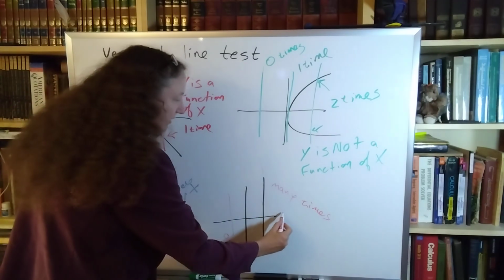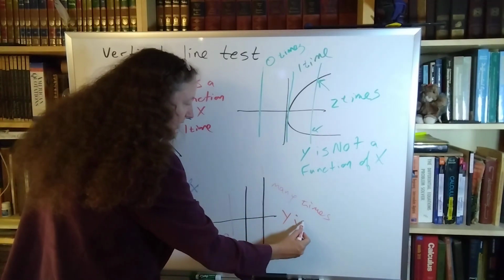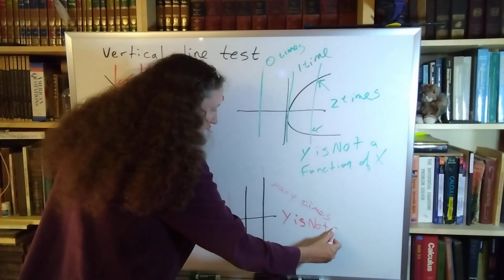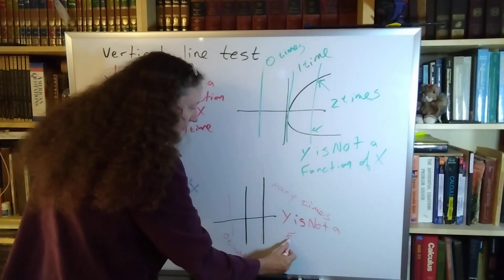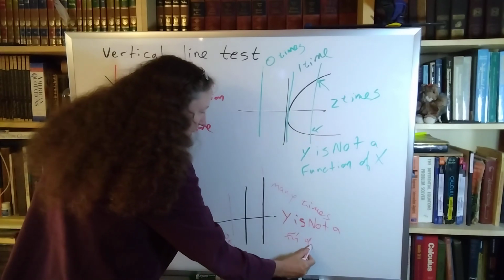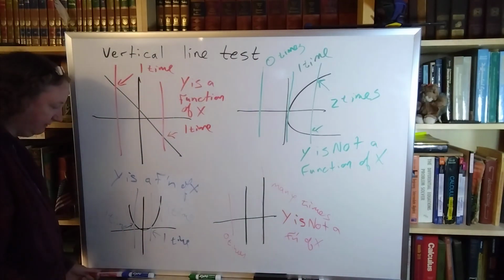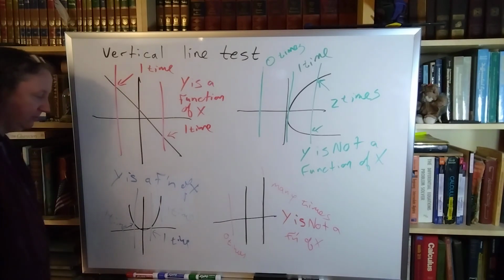So this one I can say y is not a function of x. And again, I abbreviated function so I wouldn't have to write as much.